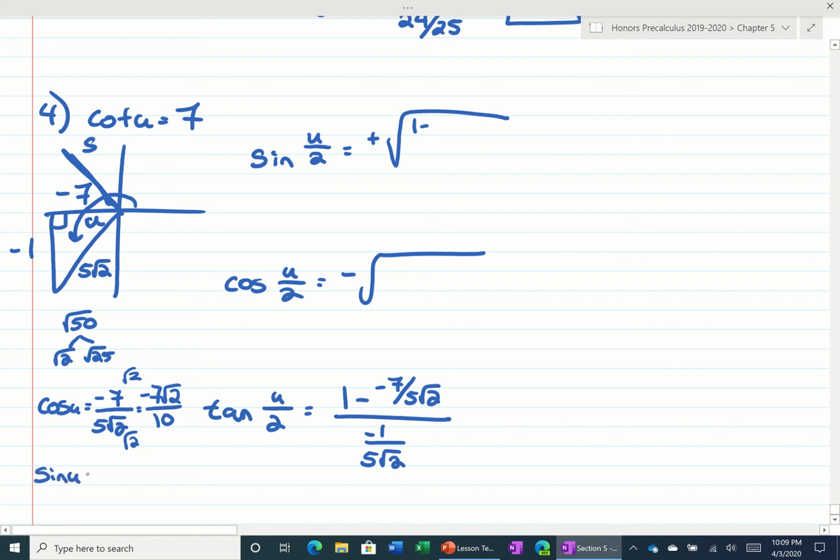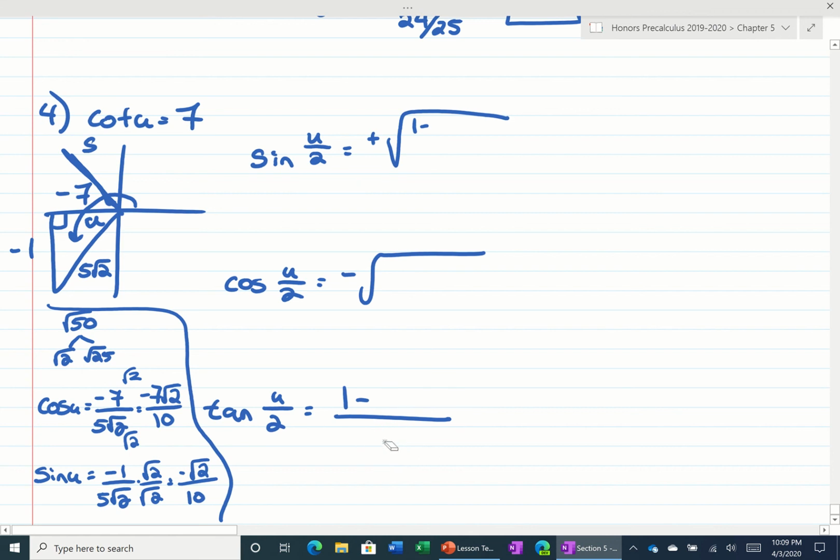And the sine of u would be negative 1 over 5 root 2. If you multiply top and bottom by root 2 over itself, you get negative root 2 over 5 times 2 is 10. So I'm going to actually use that to reduce the amount of work I have to do here. So actually I'll replace that with tangent.